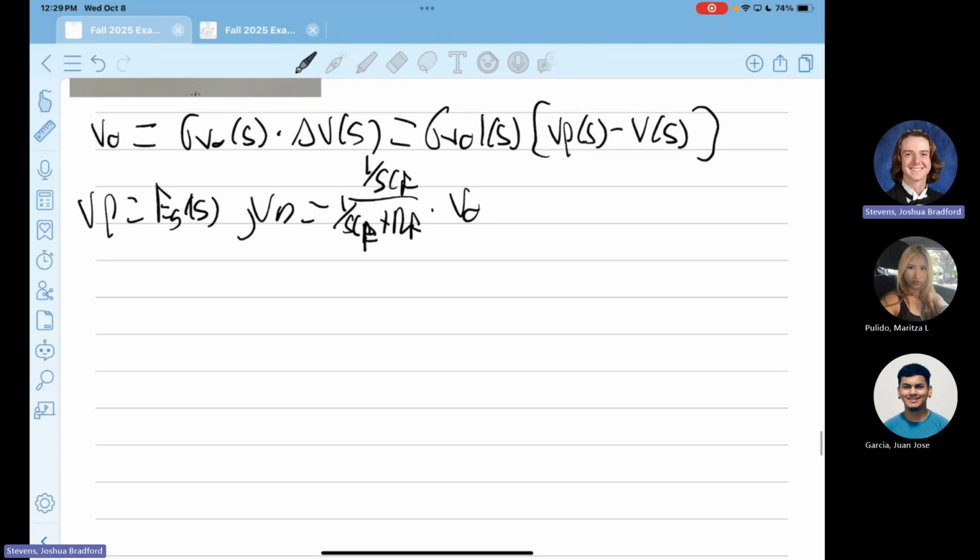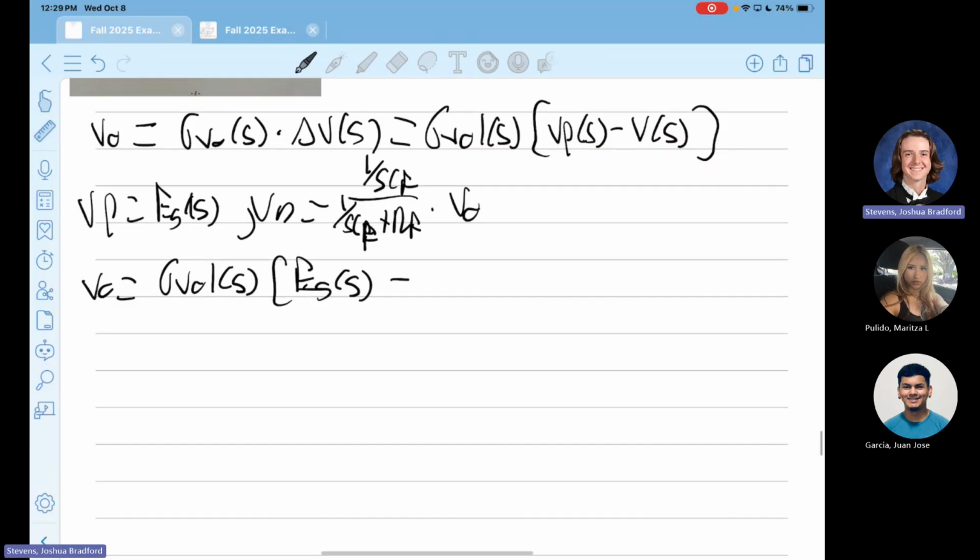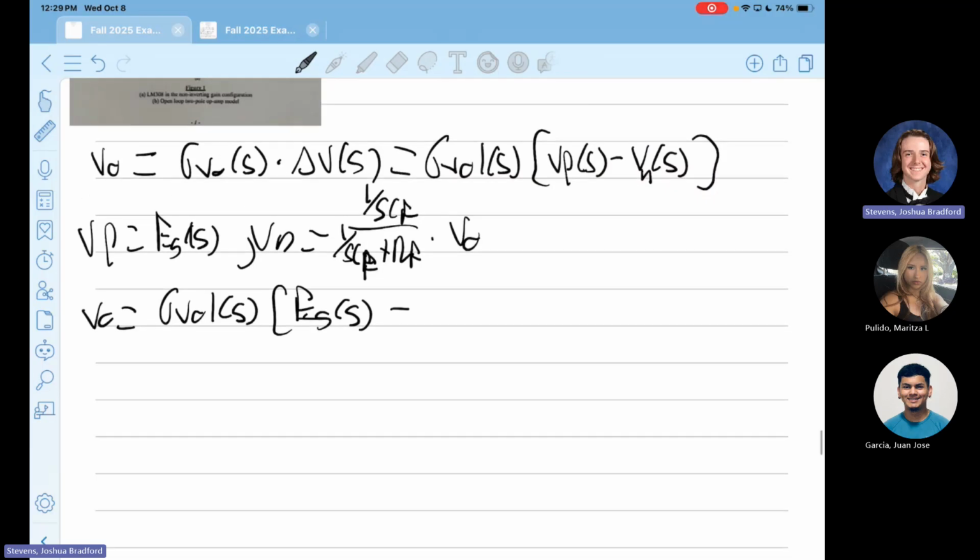So we have that. Now I can plug it back into the equation I put earlier. So V out equals G vol of S times EG of S minus, because remember it's VP minus V in, this whole thing simplifies to 1 over 1 plus SRF CF times V out of S. Just makes it easy.